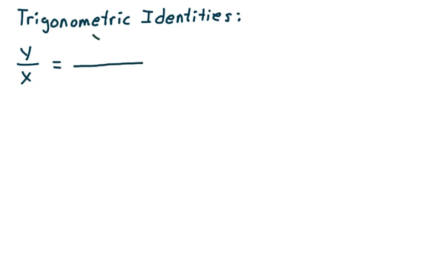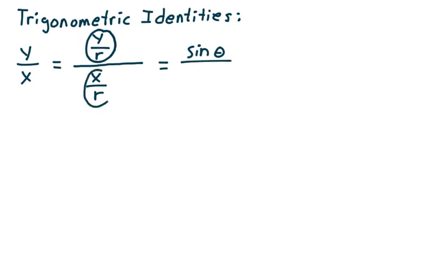So this is the same as y over r divided by x over r. Now, y over r should look familiar. Y over r is the same as sine of theta, and x over r is the same as cosine theta.